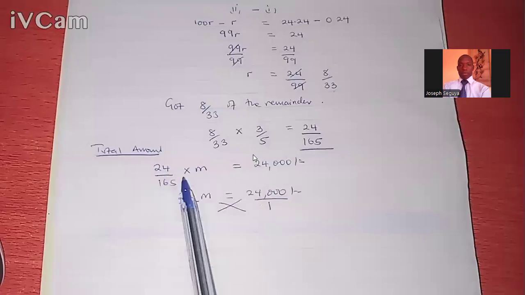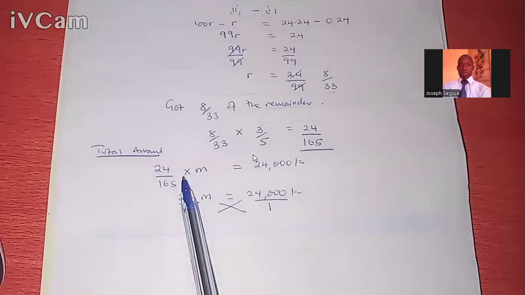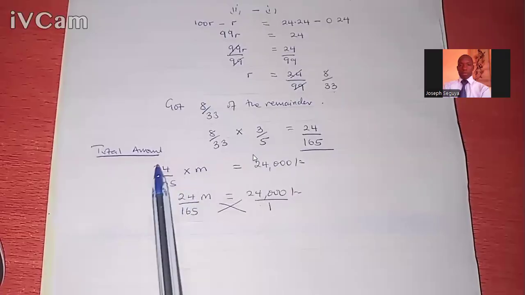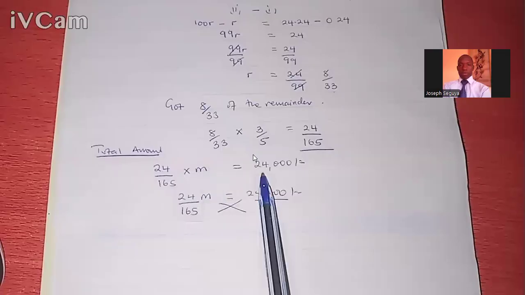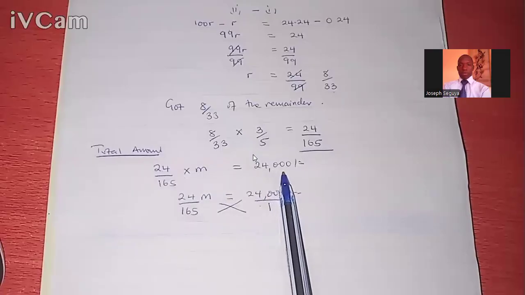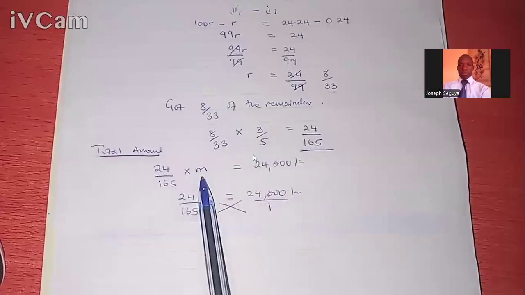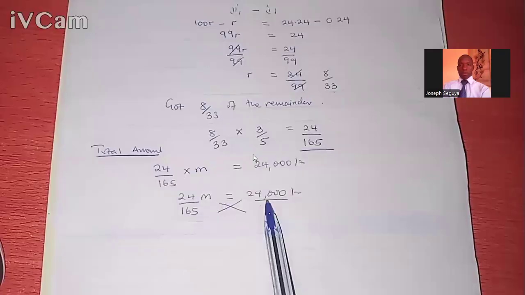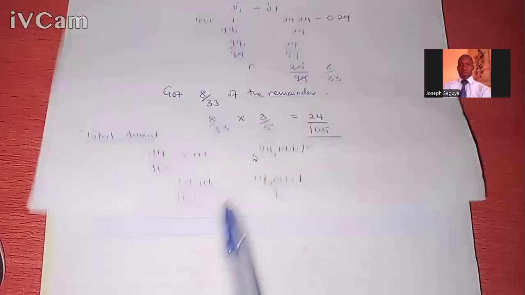So in other words, this is the total amount of money which they shared. And when you use the fraction of the second born and also the money that he shared, you get the total amount. So you have 24 over 165 times m equals to this. And then here we cross multiply.